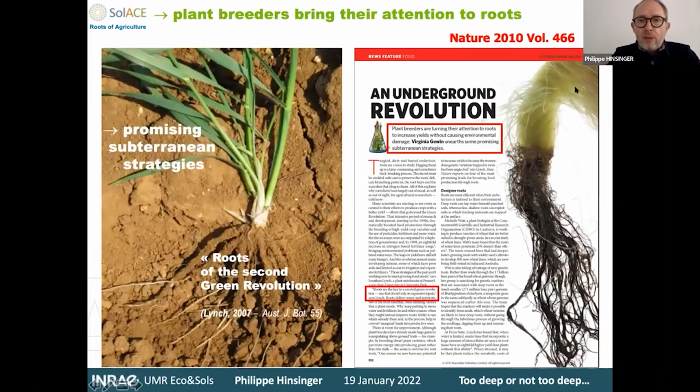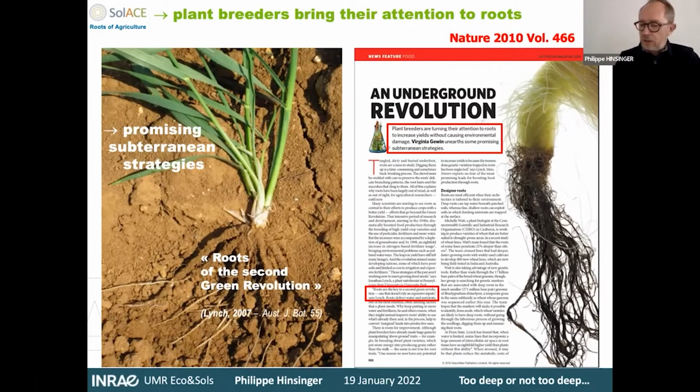First, one thing I would like to stress is a paper that was published in Nature 12 years ago, pointing to an underground revolution, and that plant breeders were turning their attention to roots. In this paper, there were some interviews, and especially one with Jonathan Lynch about his paper, The Roots of the Second Green Revolution.